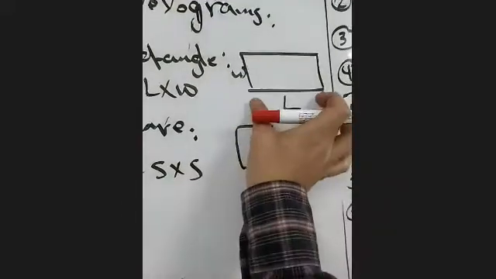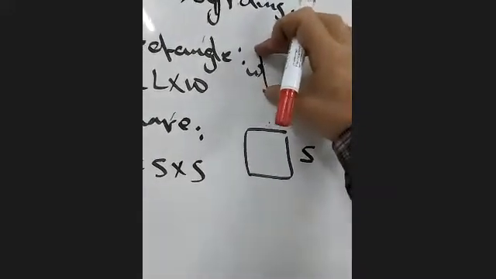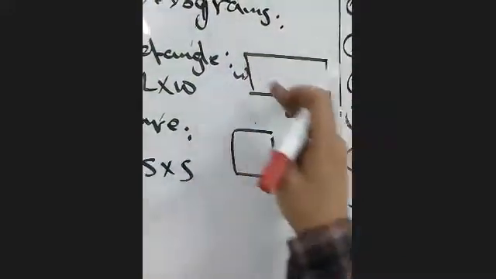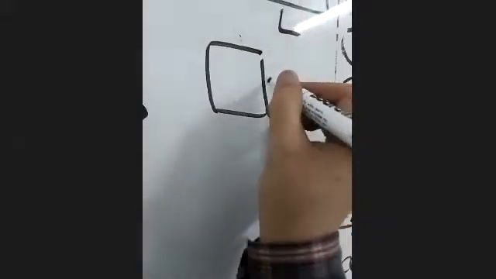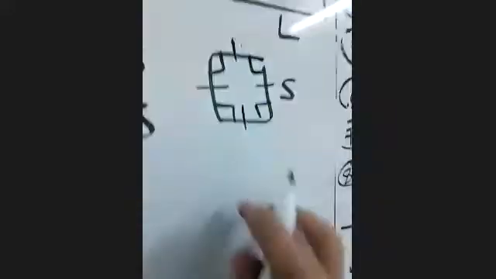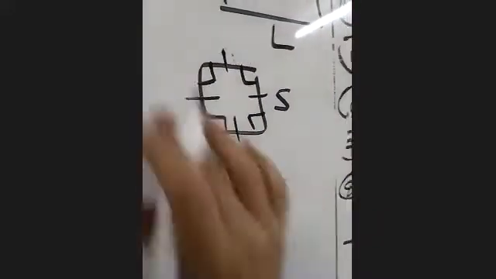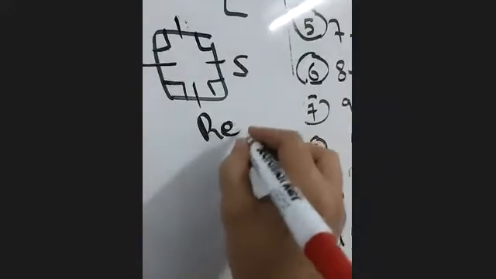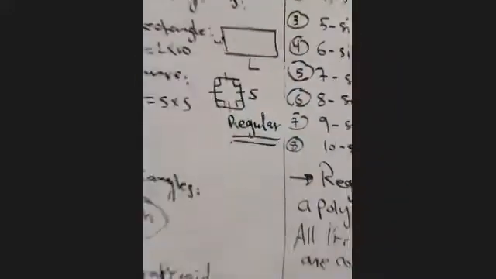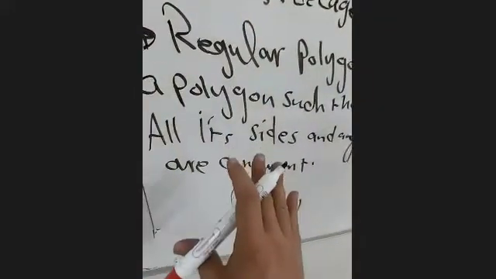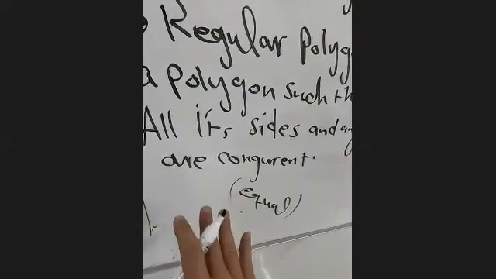Because this side is different from this side. We have different lengths. But how about the square? In the square, all sides are equal and all angles are 90 degrees. So this we call regular.